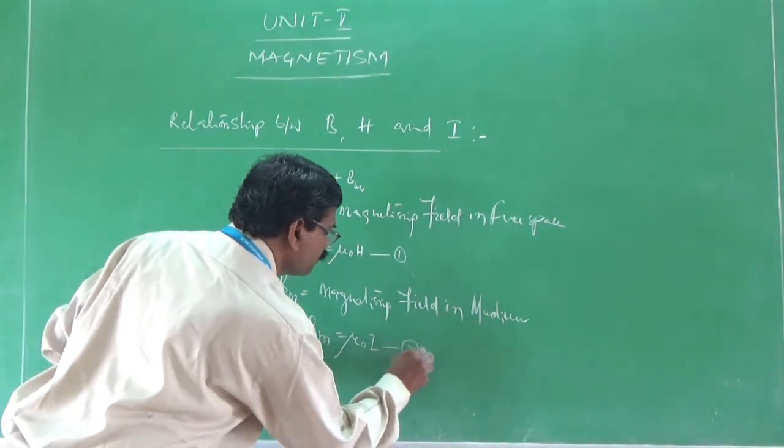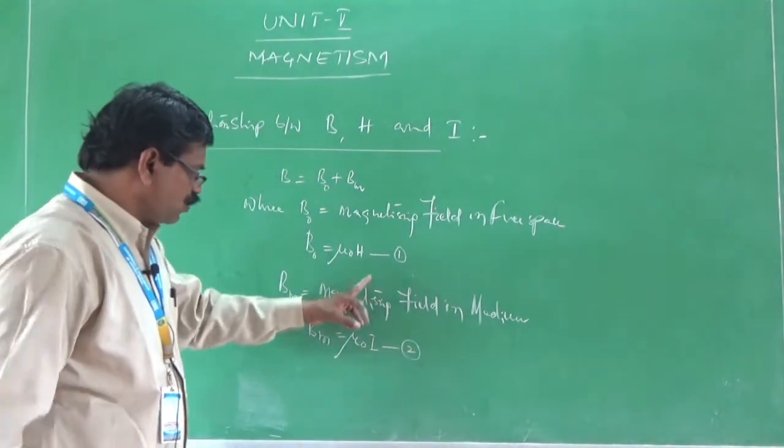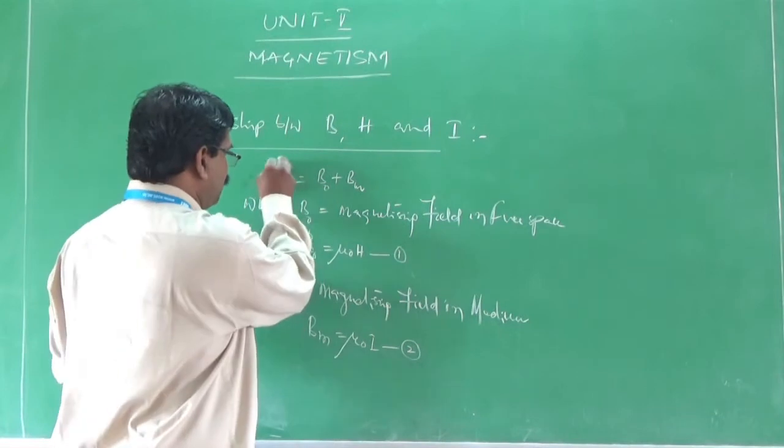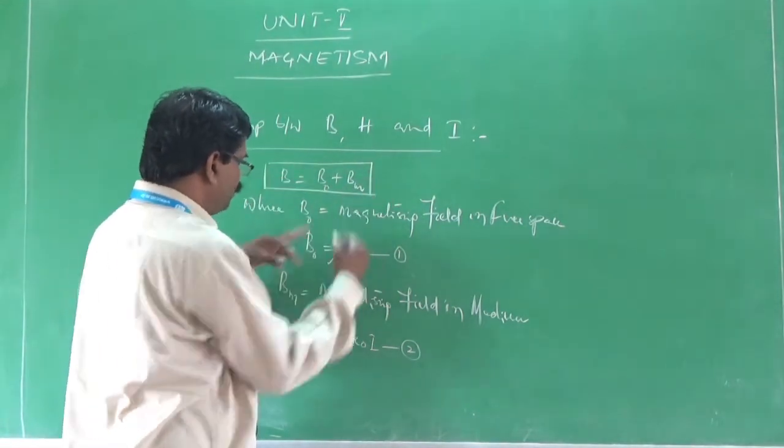Bring equations 1 and 2 into the above relation, that is B is equal to B naught plus Bm.